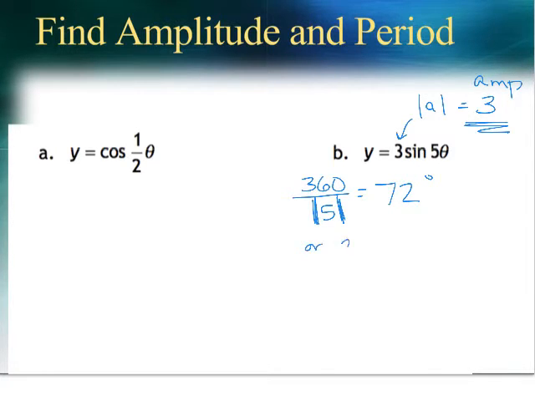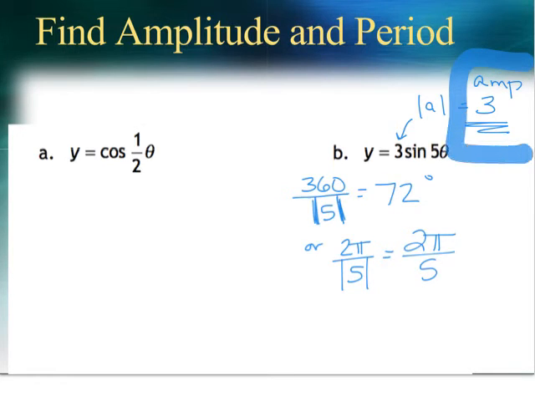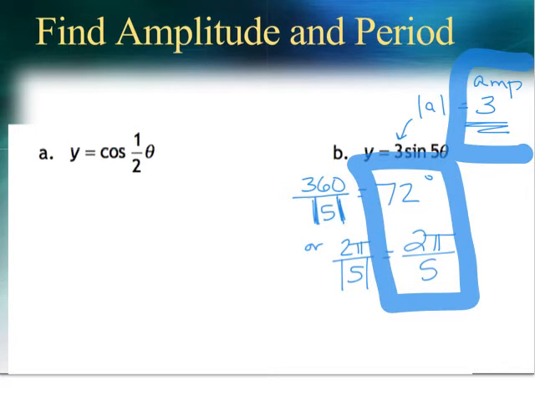Or 2 pi divided by the absolute value of 5, which is just 2 pi over 5, or 2/5 pi. So that's all they needed. So once again, let's identify our amp. Here's our amp. And here is either one will work for the period. Okay, so that's how you find the amplitude and the period.